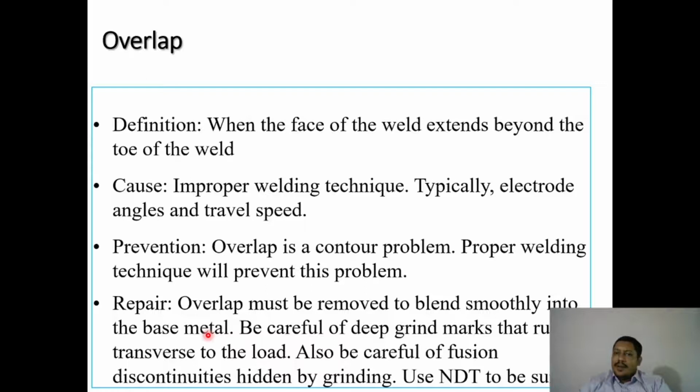Next is overlap. When the face of the weld extends beyond the toe of the weld, that is called overlap. It is caused by improper welding technique, typically electrode angle and travel speed. Overlap is a contour problem, and proper welding technique will prevent it.